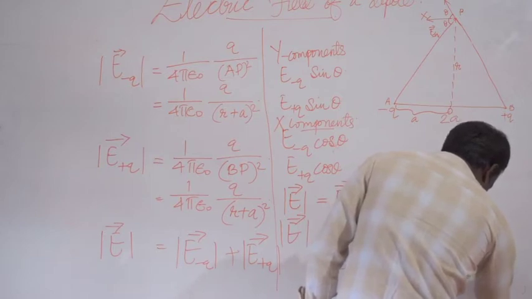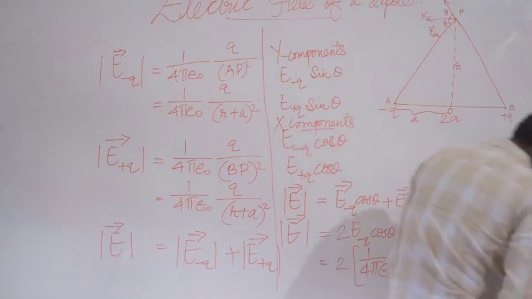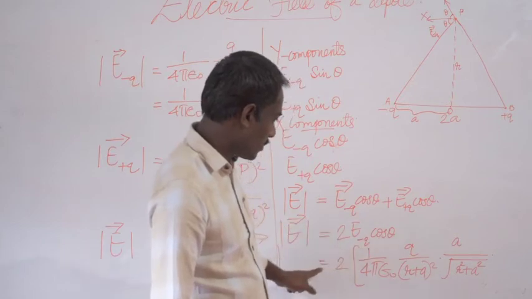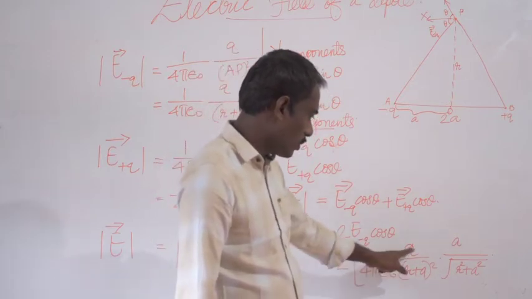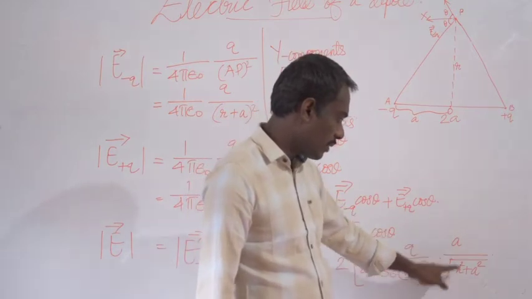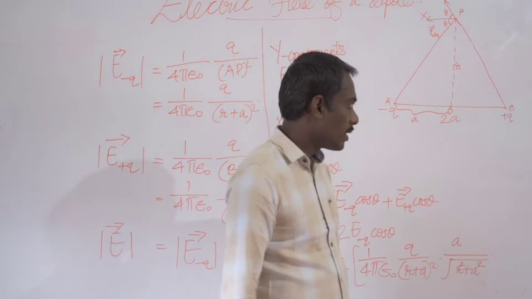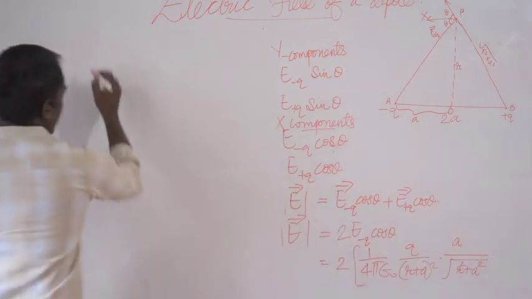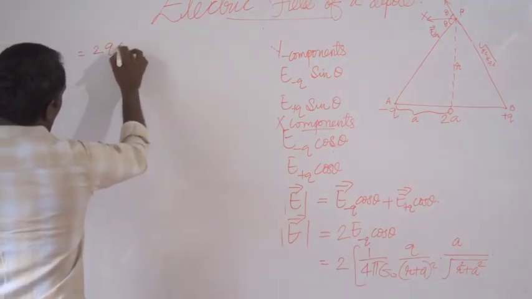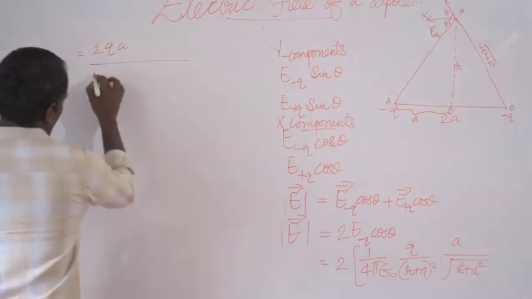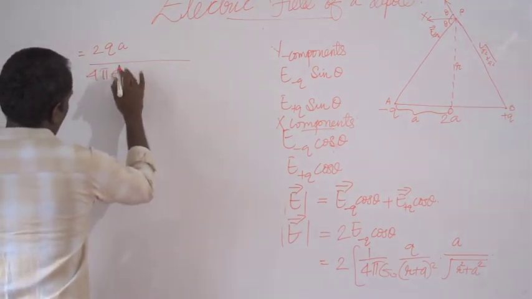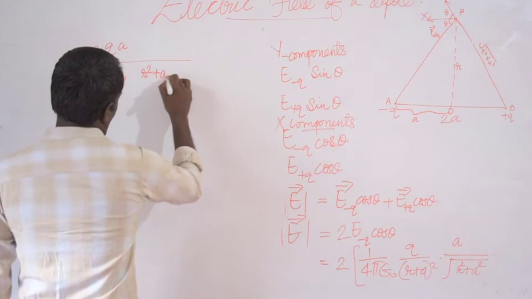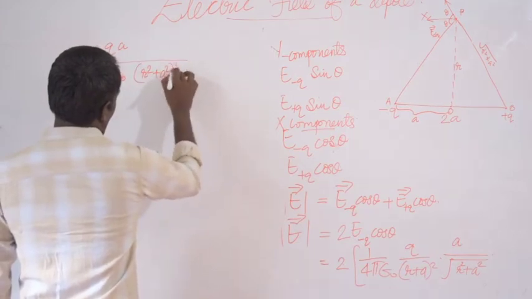So we can write 2E minus q into cos theta is equal to 2 into 1 by 4 pi epsilon 0 into q divided by r plus a whole square into a divided by square root of r square plus a square. Now we can multiply this term, 2 into q into a, that is equal to 2 into q into a divided by 4 pi epsilon 0 r square plus a square all raised to 3 by 2.